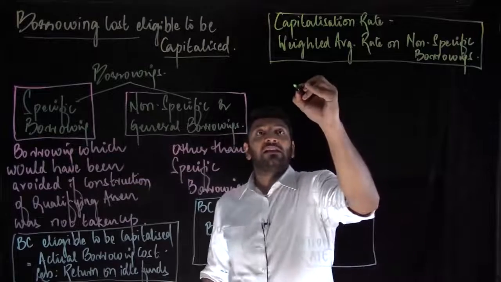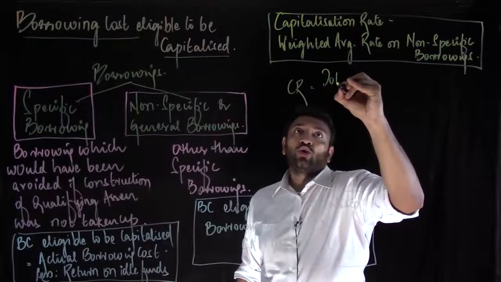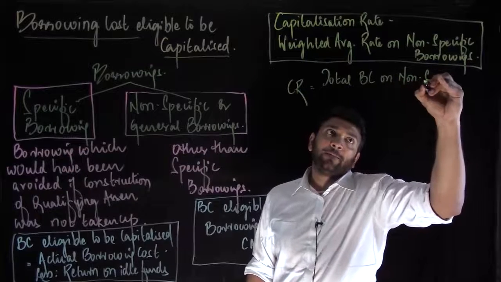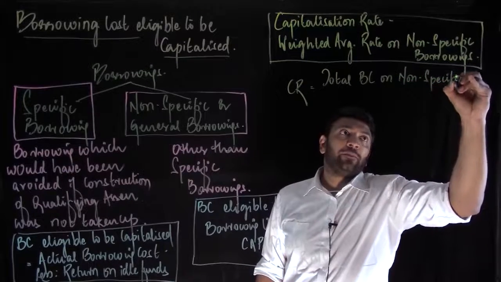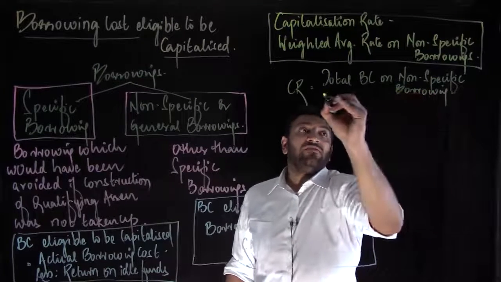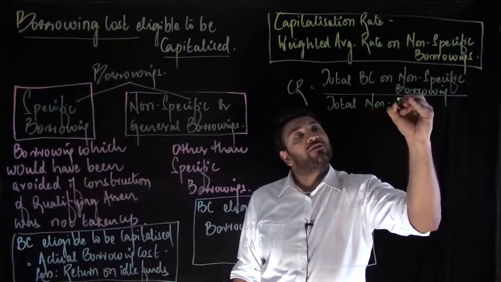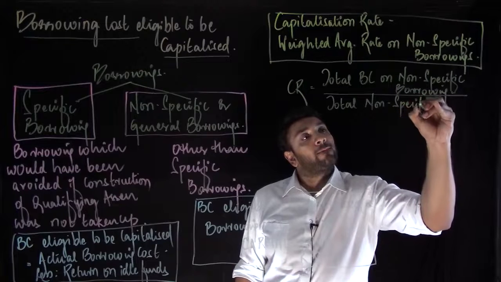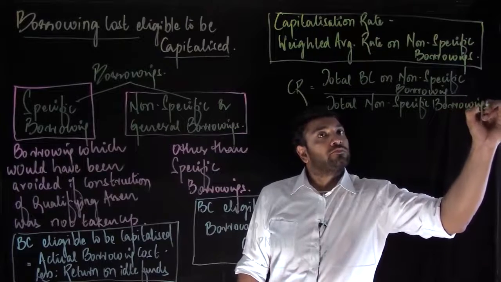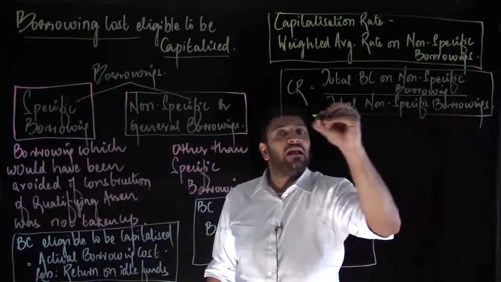The formula can be given like this. Capitalization rate is equal to total borrowing cost on non-specific borrowing or general borrowing, you can name it, divided by total non-specific borrowings. This is the formula for my capitalization rate to be applied.